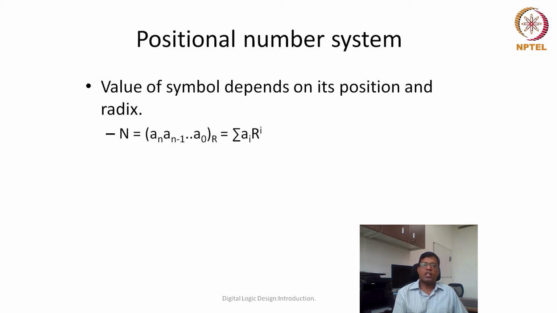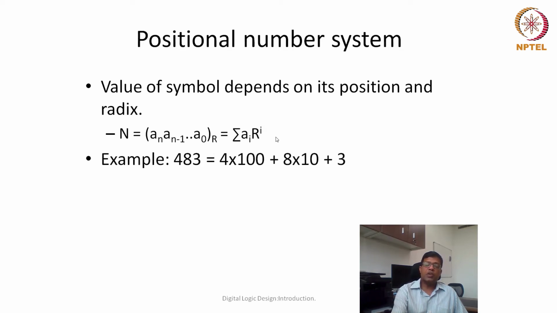Let's say R is the number of symbols, and the number has n minus 1 such digits. So this number can be represented as the addition of a_i, the digit at the ith position, into R to the power i. This looks complicated, but let's try to understand it with the decimal system.